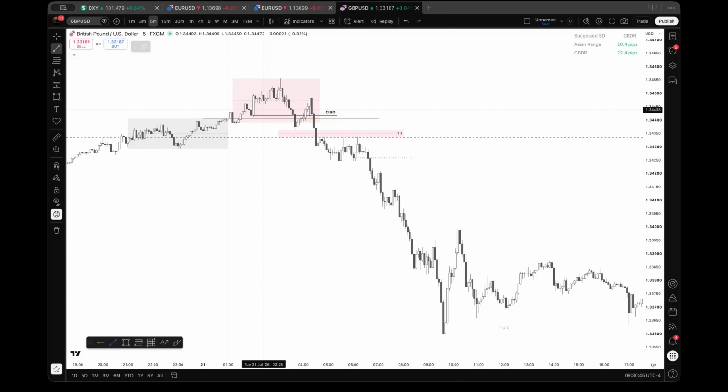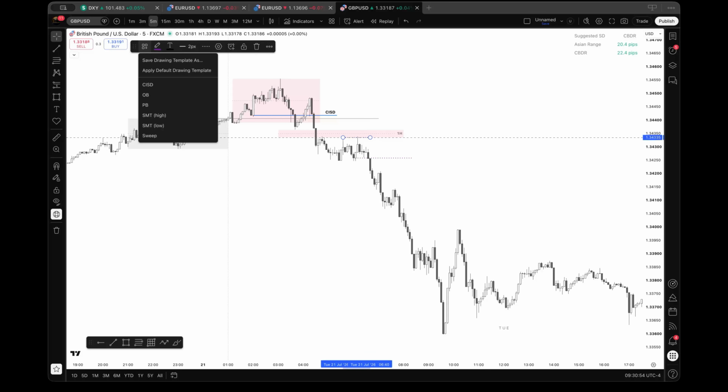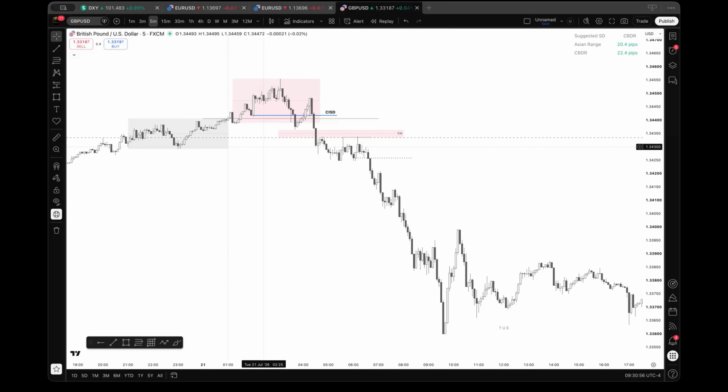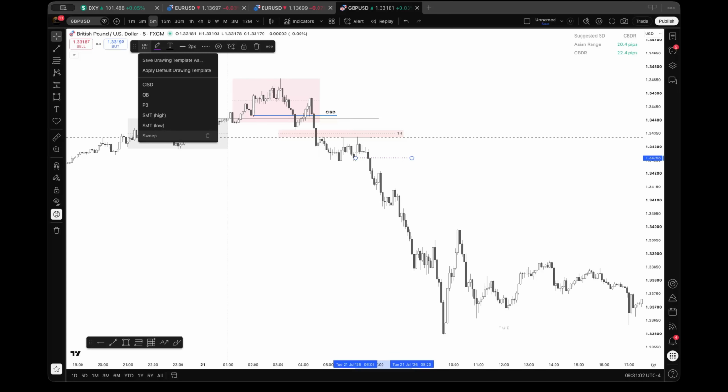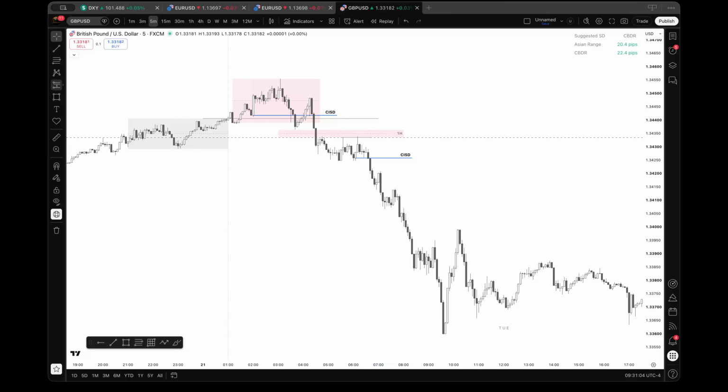We get a manipulation of minor buy side. So these highs here. And then we can get on side again. Again, this 6 a.m. candle could be used as your change in state. So that's like a double confirmation.